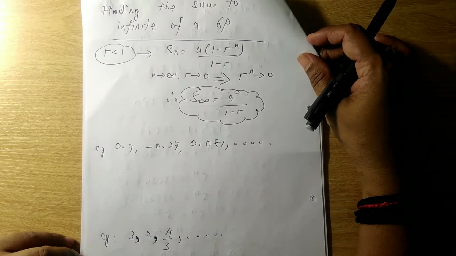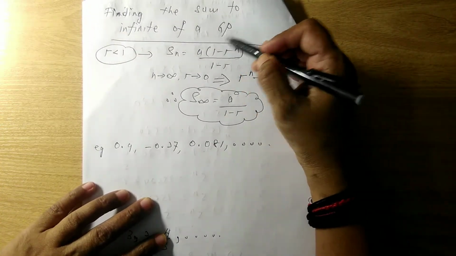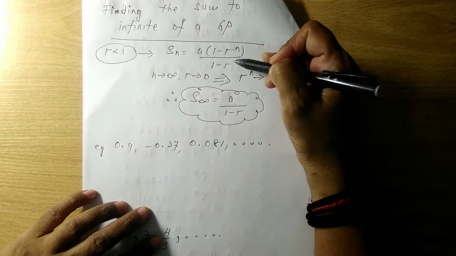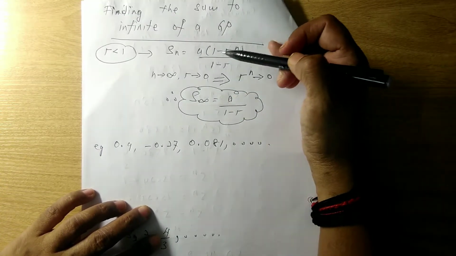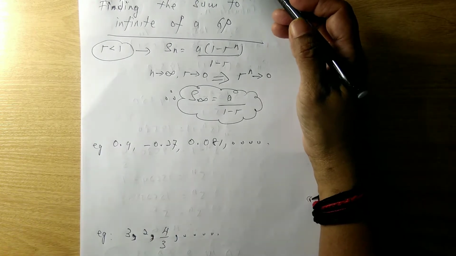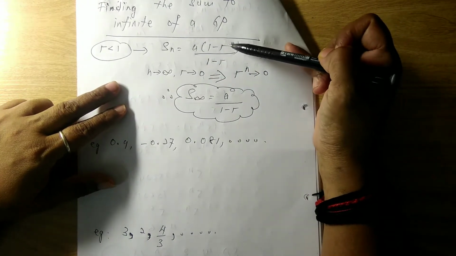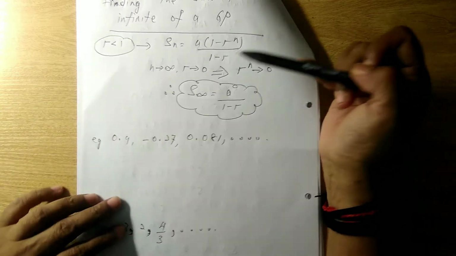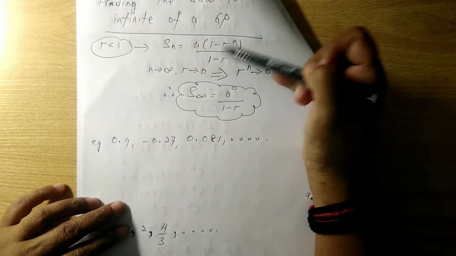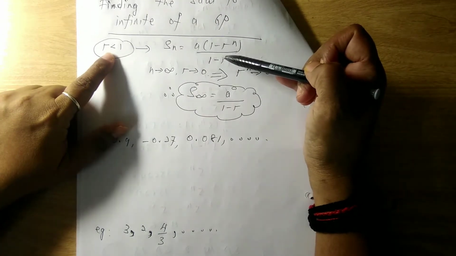Now when r is less than 1, the formula for your Sn is a(1 minus r to the power n) over 1 minus r. Let's assume this formula. We make two assumptions. One is when n approaches infinity, meaning n is increasing to a very, very big number, whereas your r, the common ratio, is less than 1.